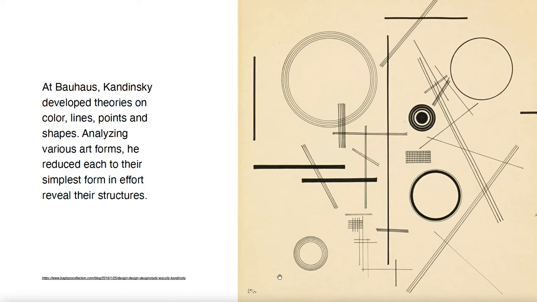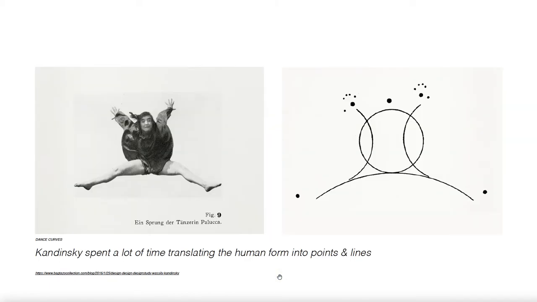His interpretation of sound is really prolific and really defined his work. His concept on movement, he really wanted the human form and break it down into the most simplistic things that he could break it down into. Kandinsky spent a lot of time translating the human form into points and into lines, and then also planes.